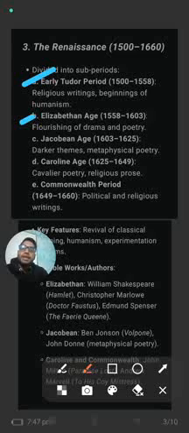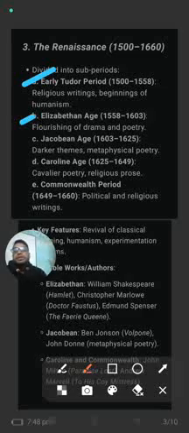Some historians, such as William J. Long, write around 1550 to 1660 somewhere. So the Elizabethan age is the age from 1550 to 1603. In this Elizabethan age, we find the flourishing of drama and poetry. Drama was immensely produced there, along with poetry.